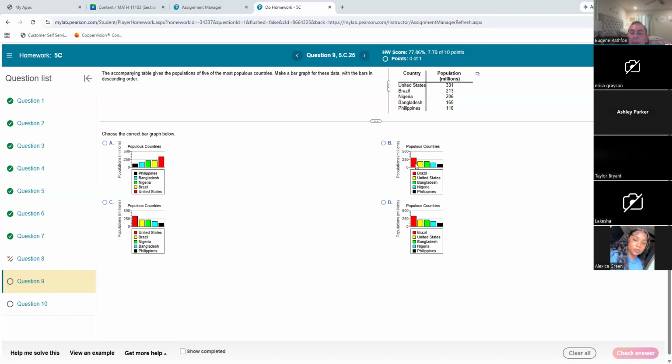Now let's look at B. They got Brazil as the tallest, so we know B's wrong. C has United States as the tallest. And then looks like Brazil and Nigeria are pretty close. Bangladesh and Philippines.